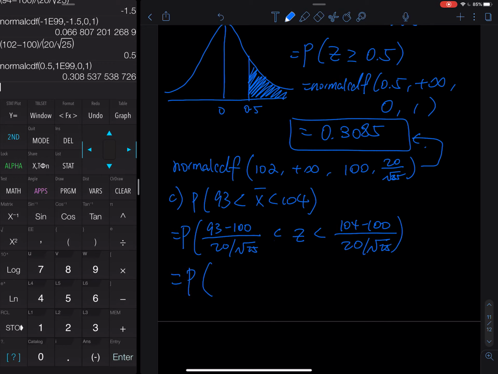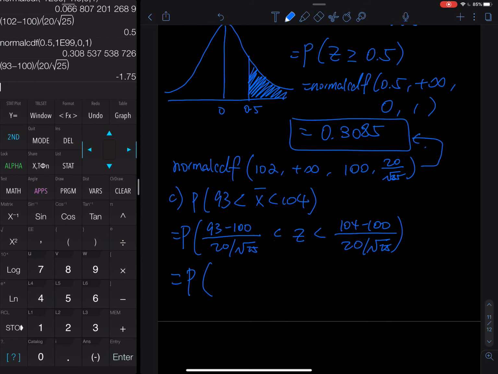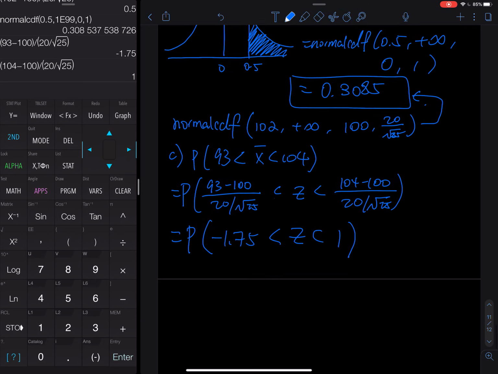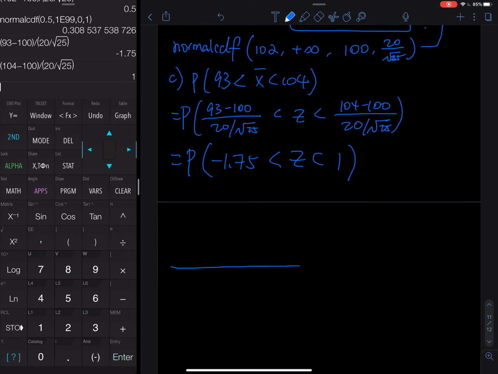So we have 93 minus 100 divided by 20 over the square root of 25, negative 1.75. So this is a z, and then 104 minus 100 divided by 20 over the square root of 25, 1. Okay, and then you have a graph.